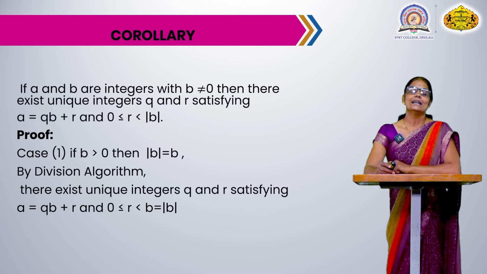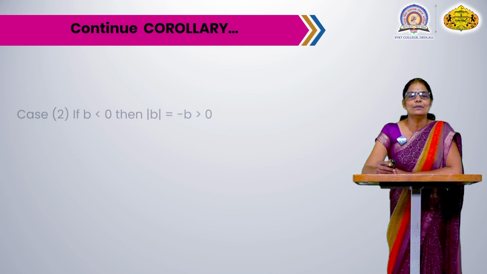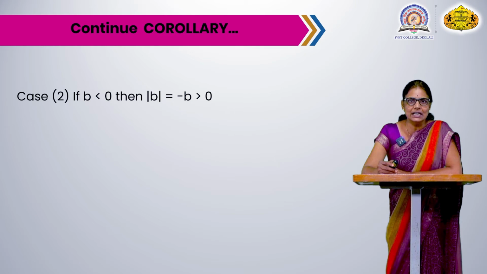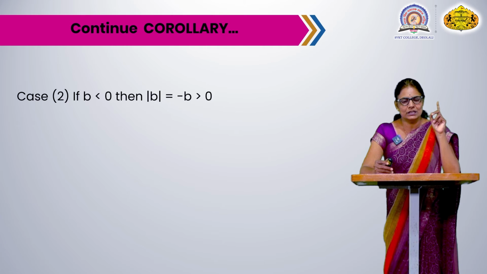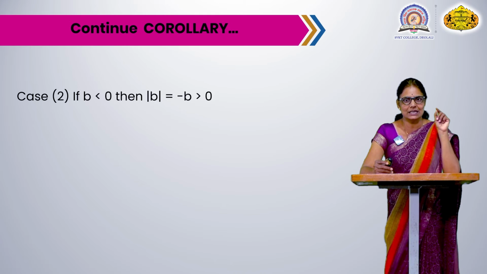Now let us consider the second case, where b is less than 0, that is, negative. So mod b equals minus b, which is greater than 0. Apply the division algorithm to the integers a and minus b, where minus b is greater than 0.